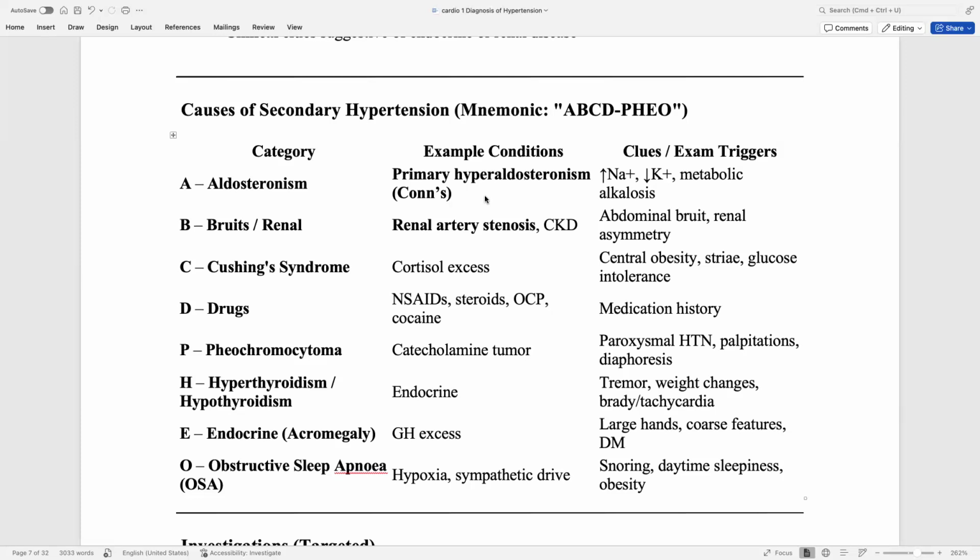Guys, primary hyperaldosteronism, Conn syndrome. Is renin high or low? High. Low, suppressed. Low. Why low?